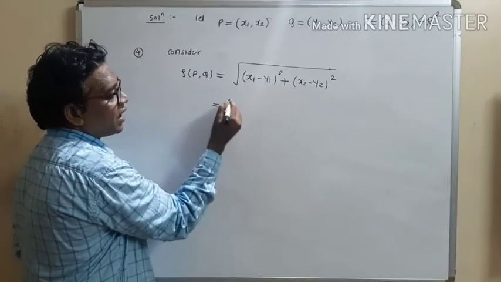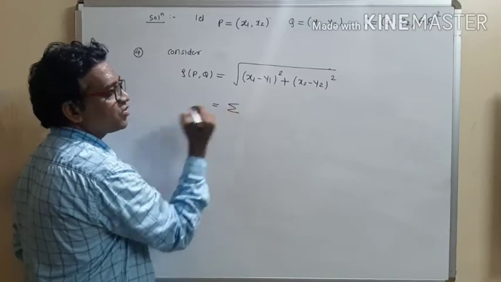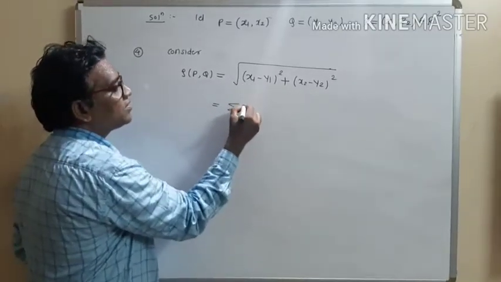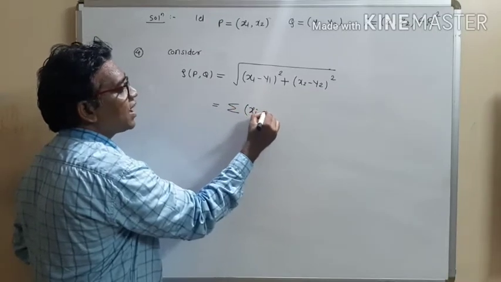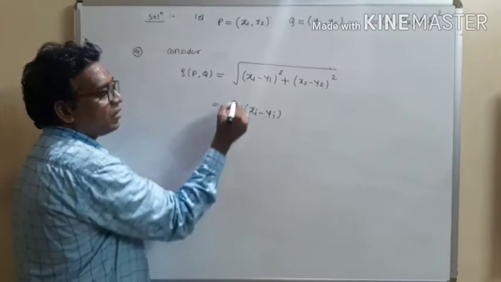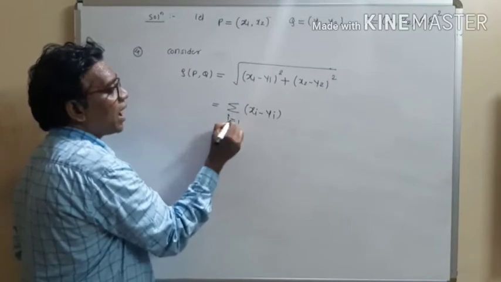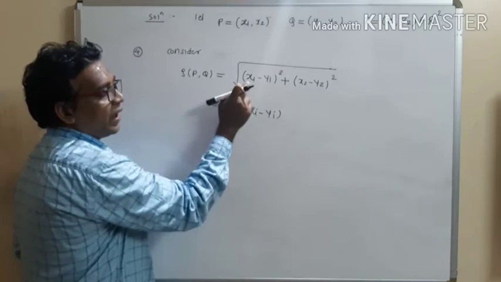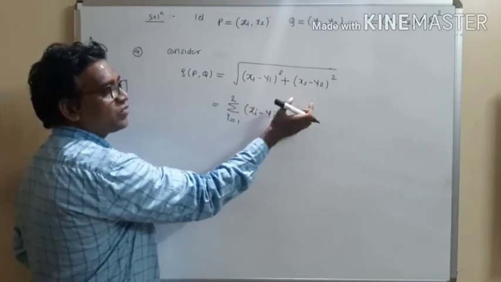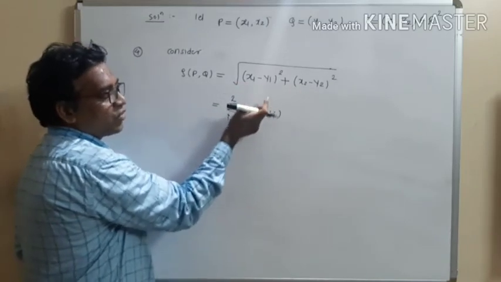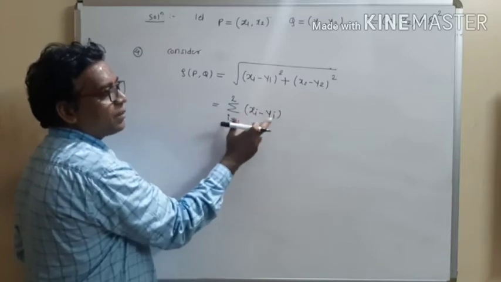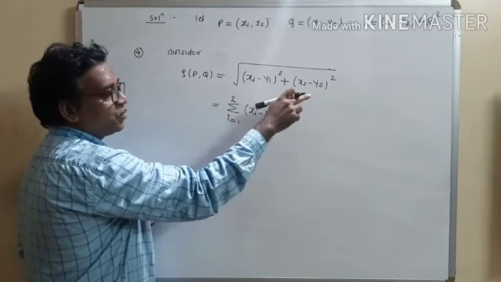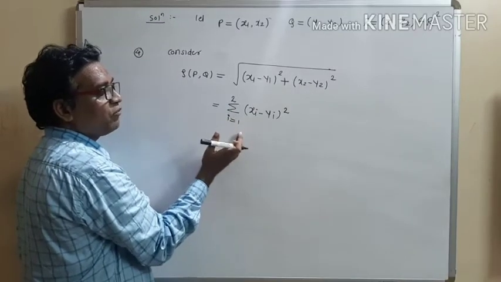Addition means summation, and there are two terms, x1 minus y1 and x2 minus y2, so instead we can write xi minus yi, where i varies from 1 to 2.